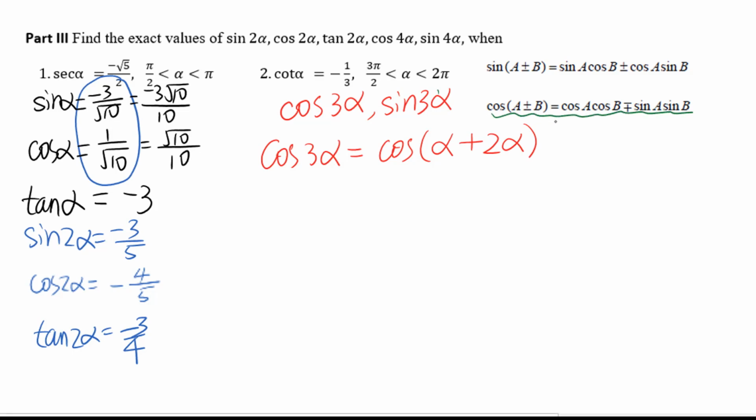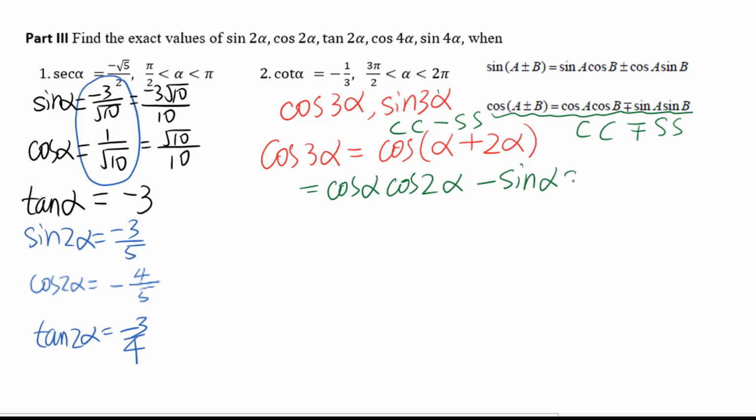For cosine A plus or minus B, that is CC SS. The sign is opposite, so we have to use CC minus SS. That is cosine alpha cosine 2 alpha minus sine alpha sine 2 alpha.